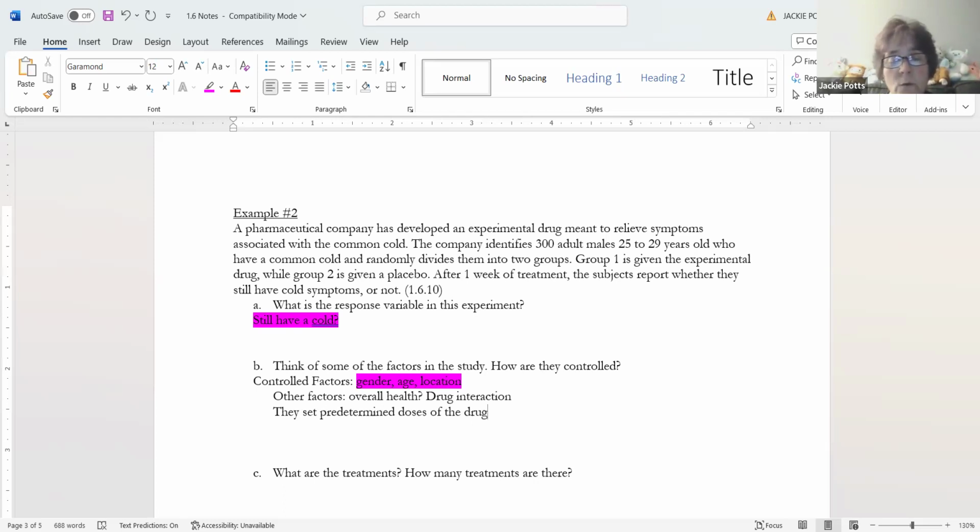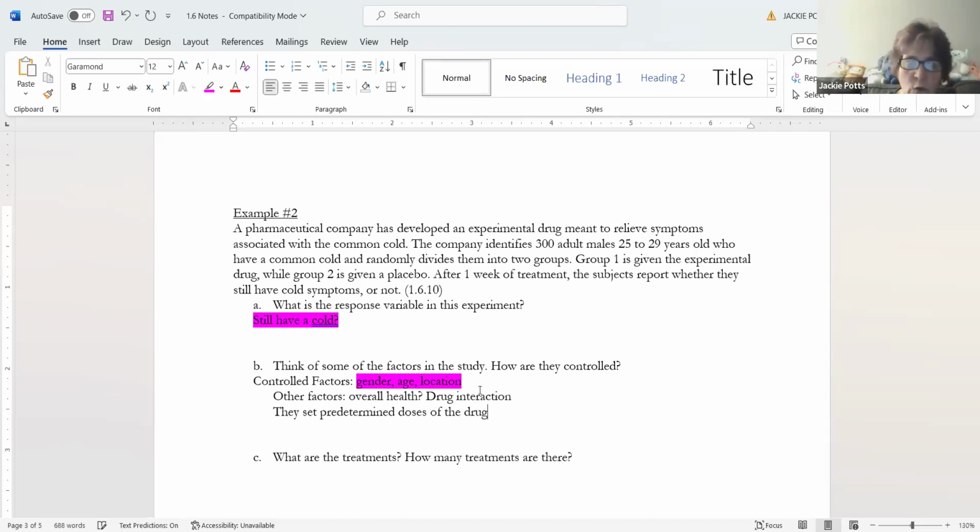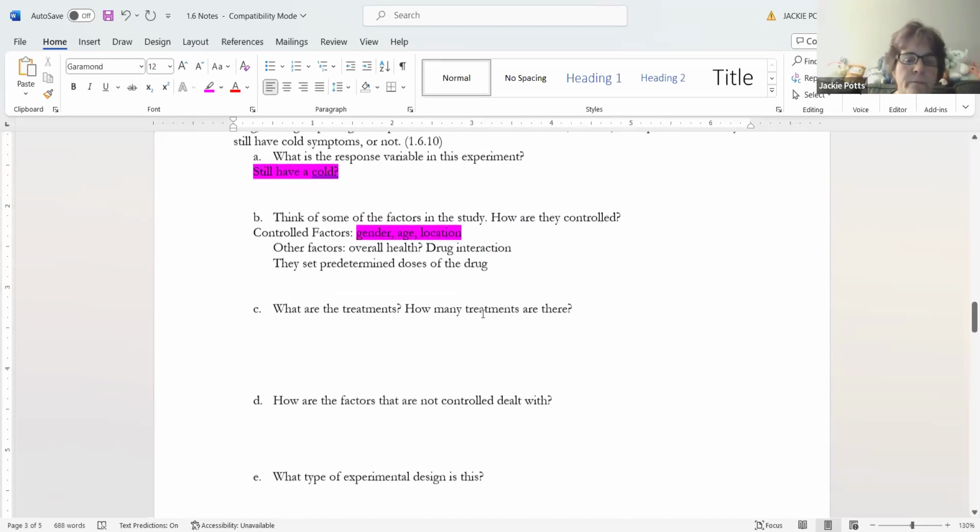Guarantee it. So there's another one I promise you they controlled that they didn't mention, and that's definitely controlled. They don't give this person half a dose and this person double the dose. All get the same amount. That would still be a controlled factor, but it's still a factor. So here's just some real quick ones.